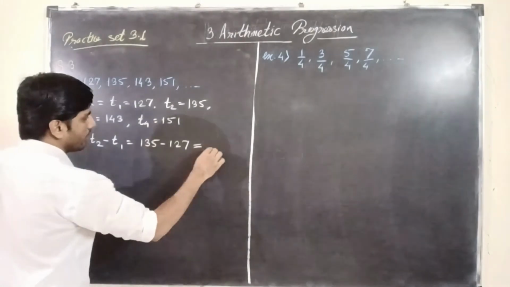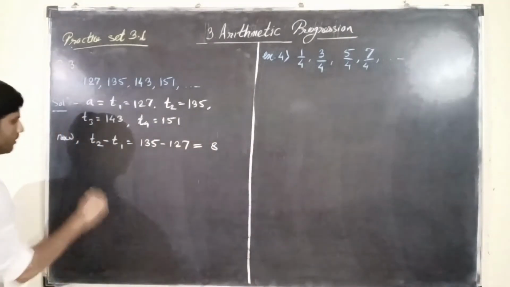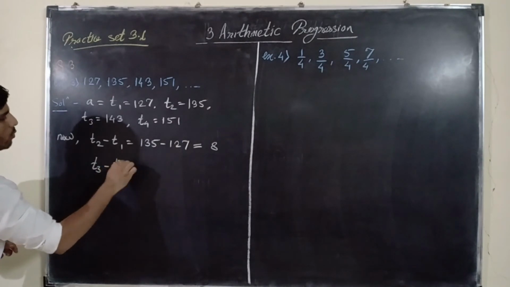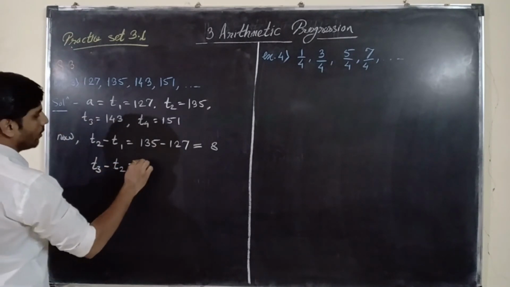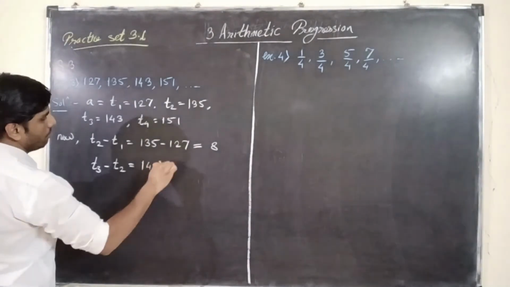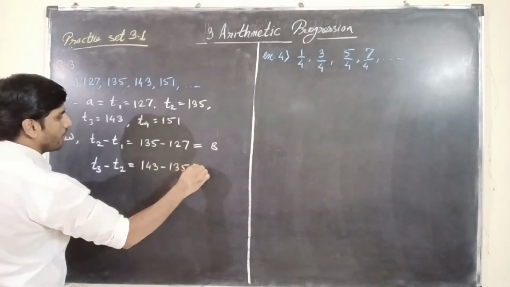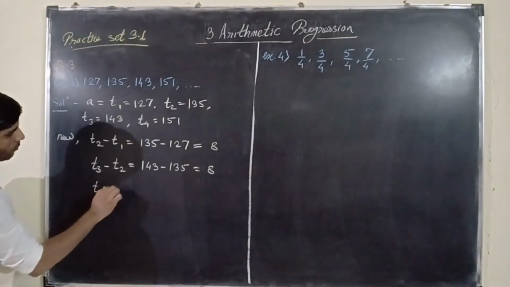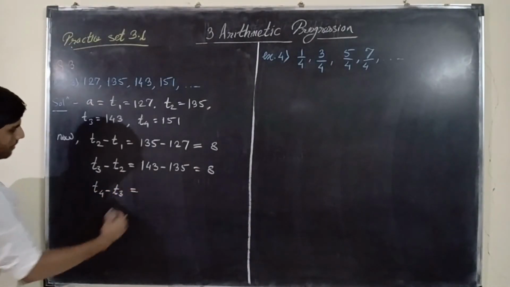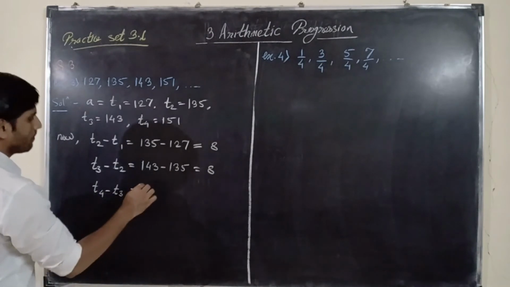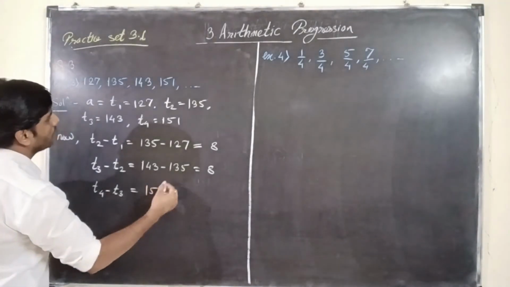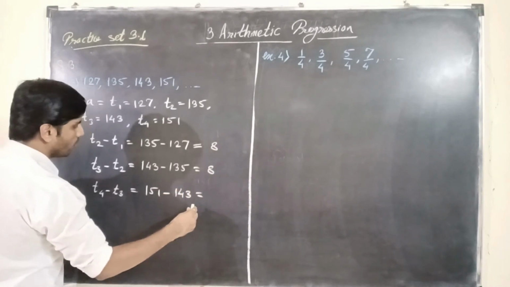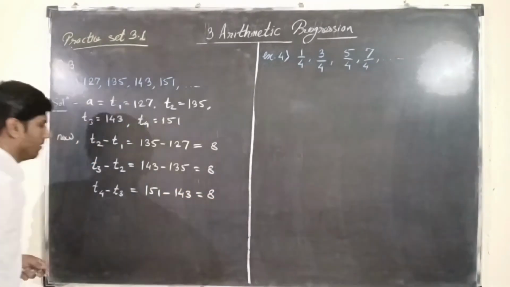And this difference is 8. T3 minus T2, which is equal to 143 minus 135, which is also 8. And T4 minus T3, which is equal to 151 minus 143, which is equal to again 8.